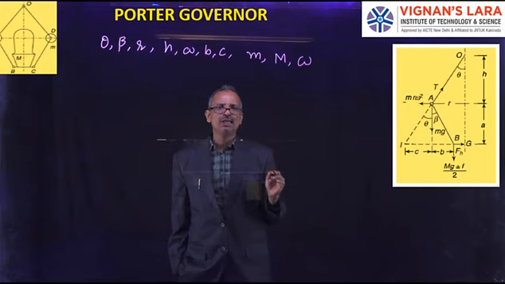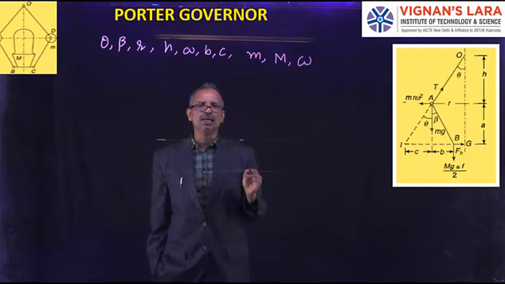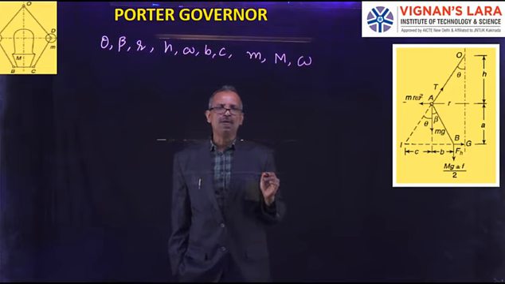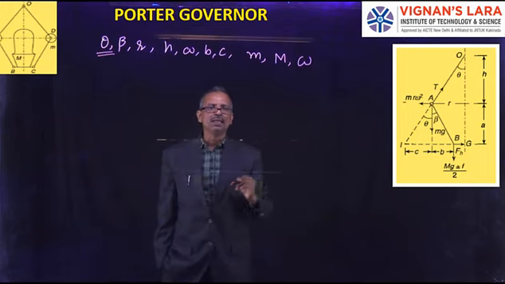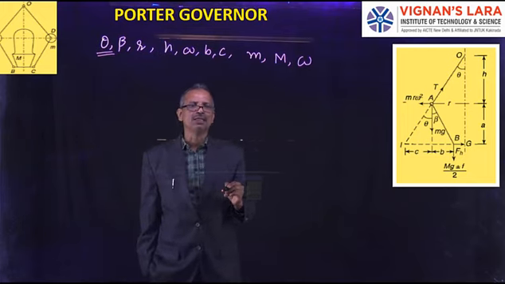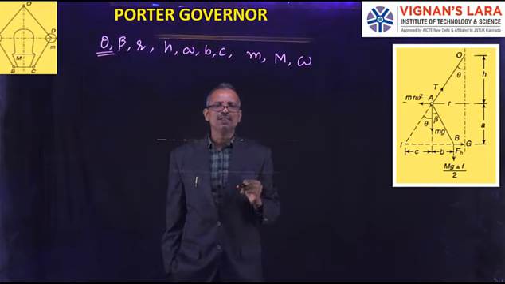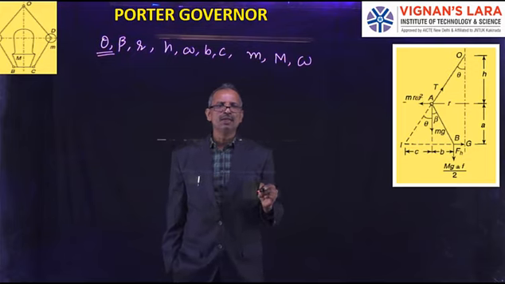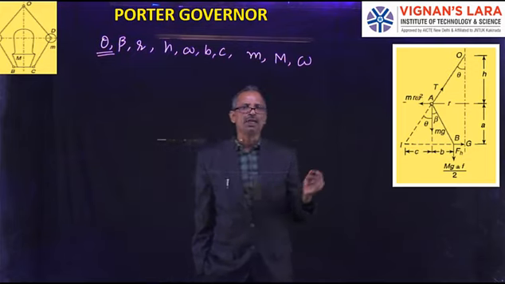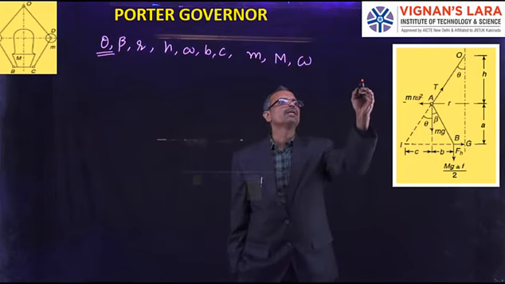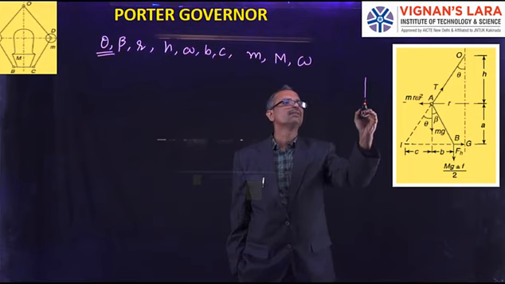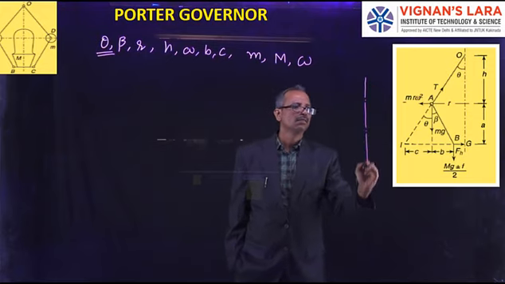Theta is the angle made by the upper arm with the vertical, isn't it? And beta is the angle the lower arm makes with the vertical. So that is theta and beta. Of course, I will draw once again for your benefit.